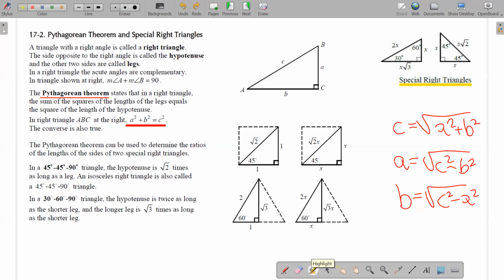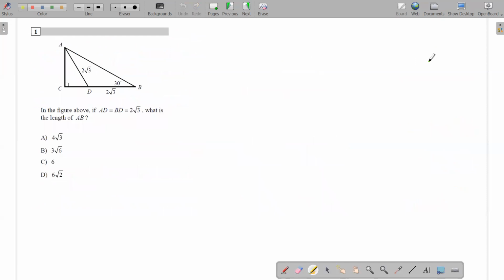Also, some other triangles have angles that never change. The ones we are interested in are those right triangles that have angles 30, 60, 90, or 45, 45, 90. If we have a triangle with those measurements, we can find the measurement of all the sides by using this ratio. Let's take a look at it.